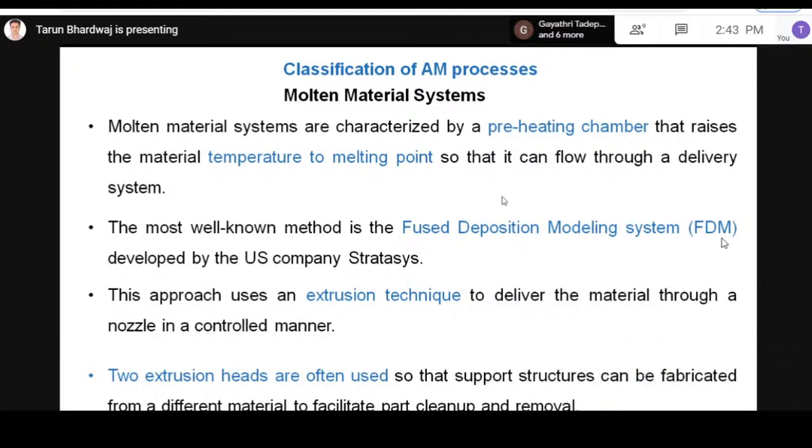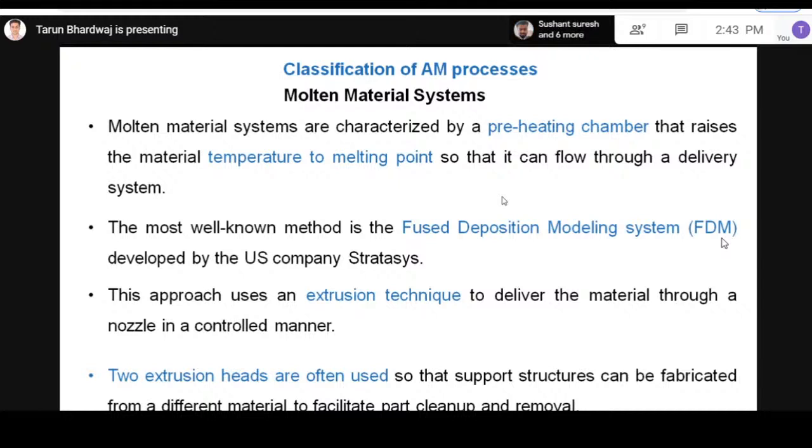Actually, as you all know about the welding process, it has a bead. When you weld two sheets, you have a bead between them. If you overlap that bead, it completely makes a single layer.